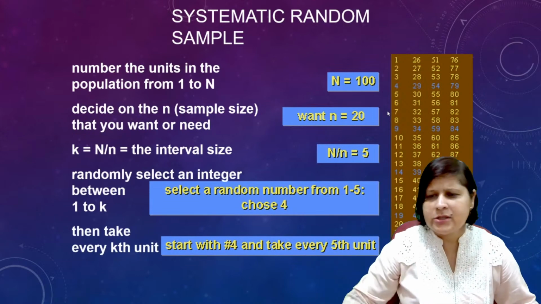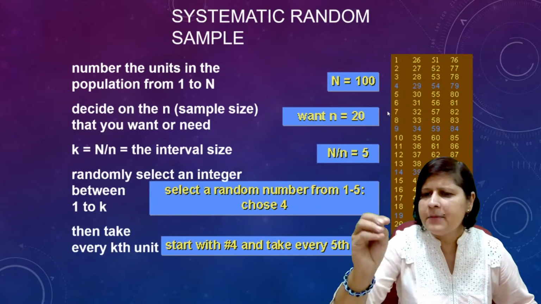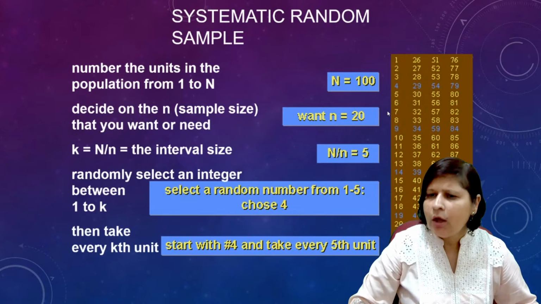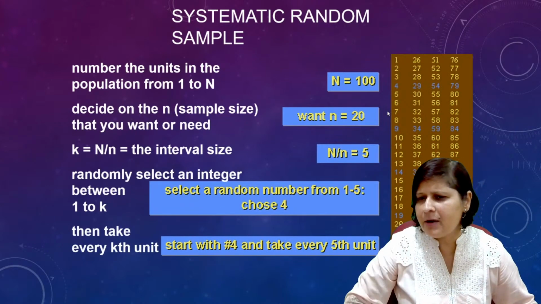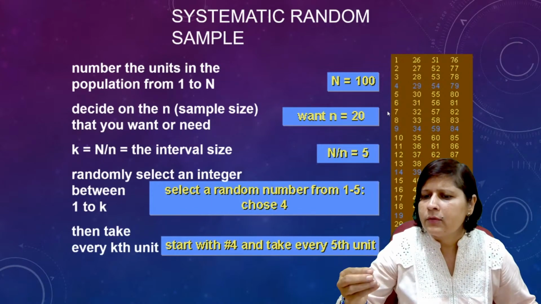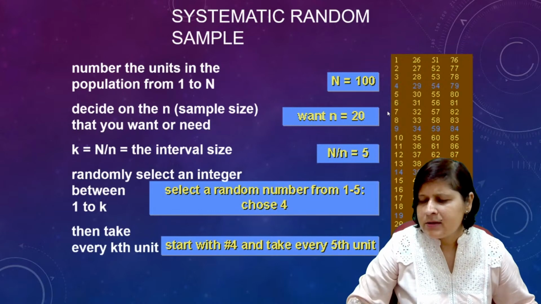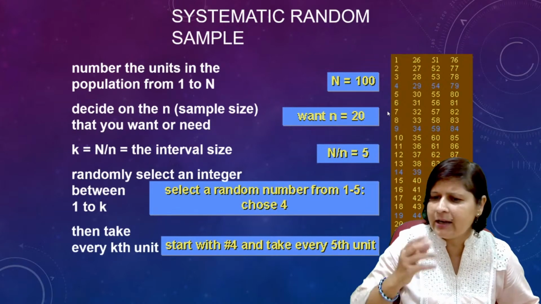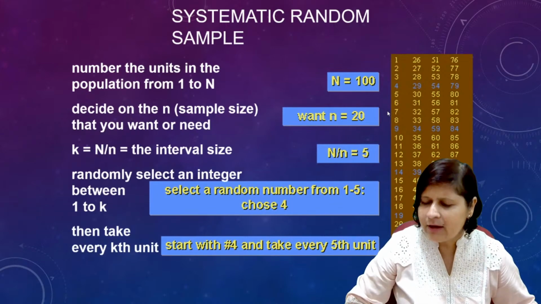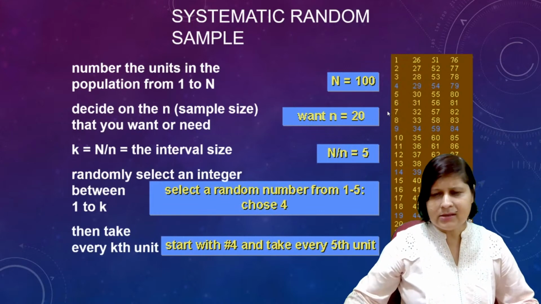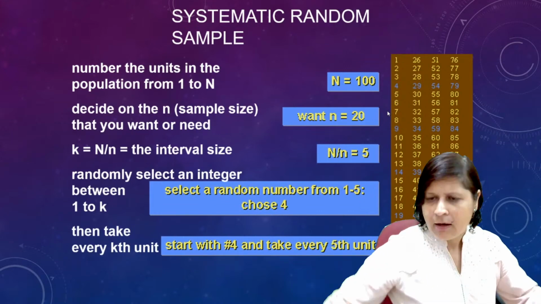Suppose it's 3. I have chosen any number. Suppose I have chosen number 2. Then number 2. If my k is 5, then the next sample should be 7. Then after selecting 7, another sample should be 11. Right? So this is the systematic random sampling.